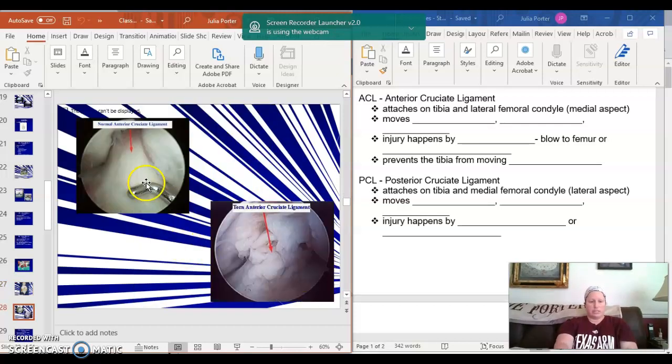So this is looking through an arthroscope into someone's knee. This is a normal ACL. You see how nice and smooth it is. This looks like cauliflower. So what happens is it's a very stretchy material, not super stretchy because it's a ligament.